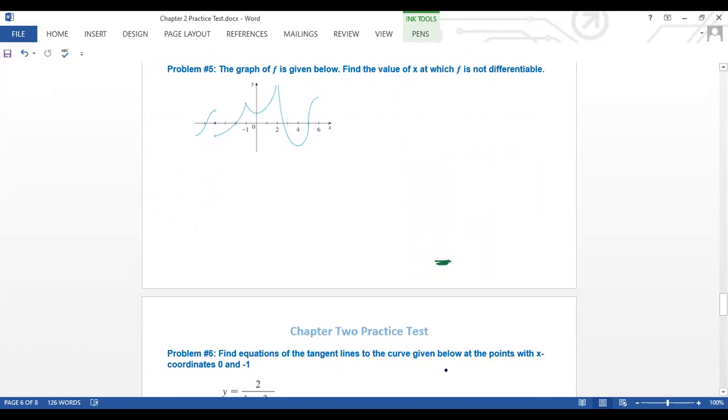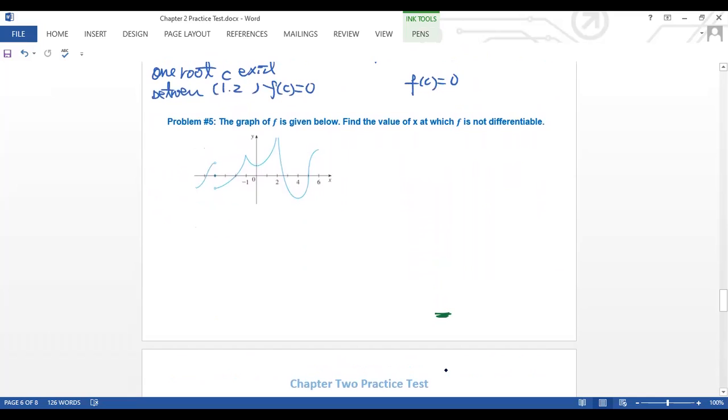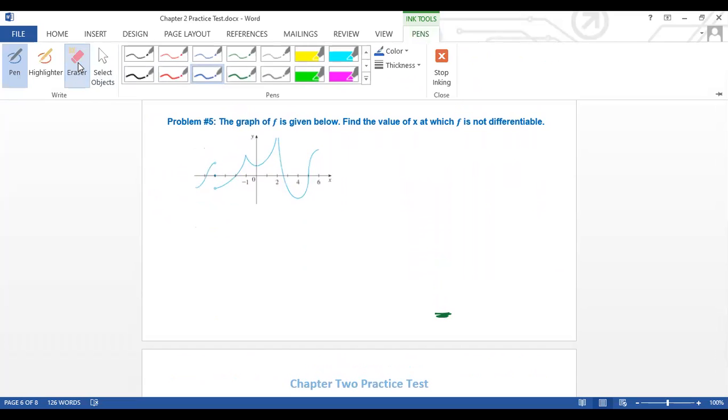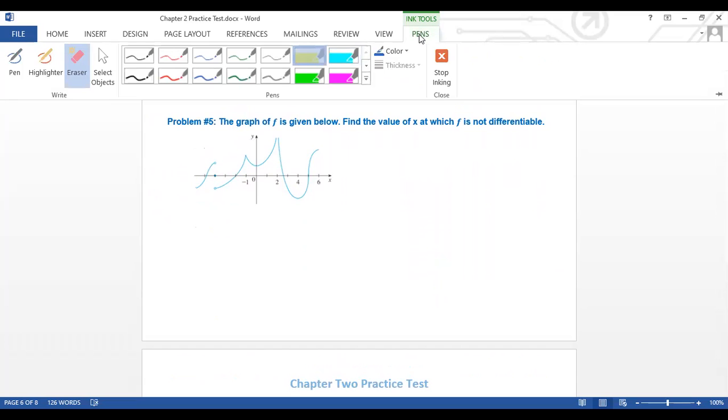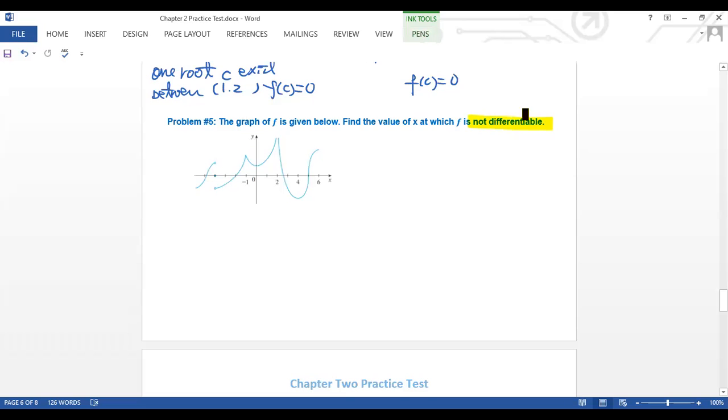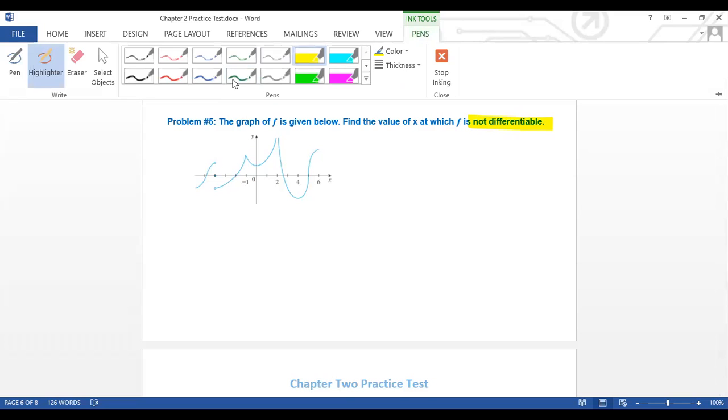Okay, so now we gradually get into the differentiabilities here. We know differentiability is one level higher than continuity.